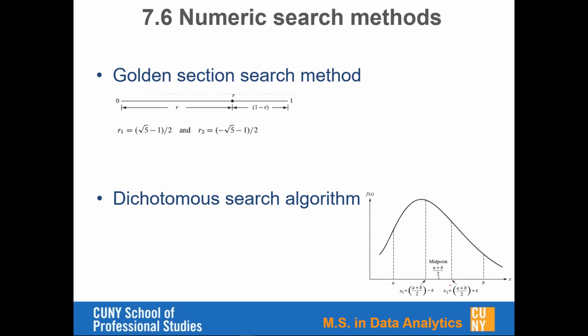The second one is golden section search. You use certain R1 and R2 definitions and find that golden section. It's just more efficient.